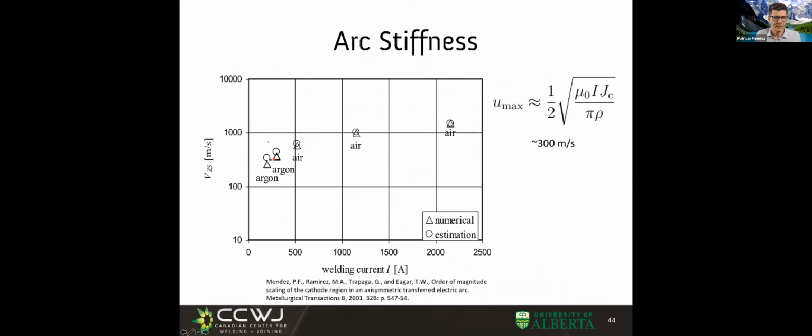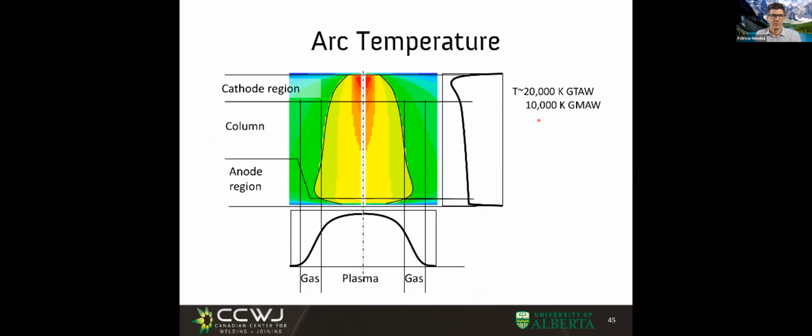The little circles are this formula. And the triangles are numerical simulations of a guy who did his PhD at MIT in the early 2000s, and each simulation would take about a day. I would say the formula is not that bad, right? This velocity is what gives the arc what is called the stiffness, right?